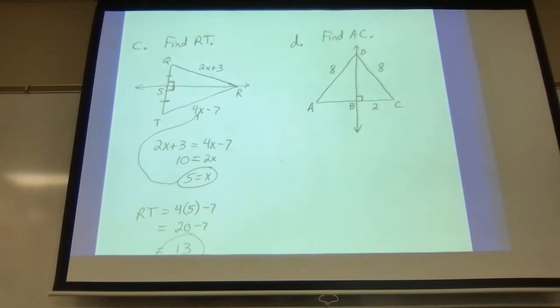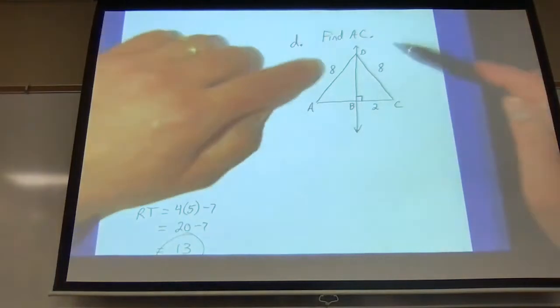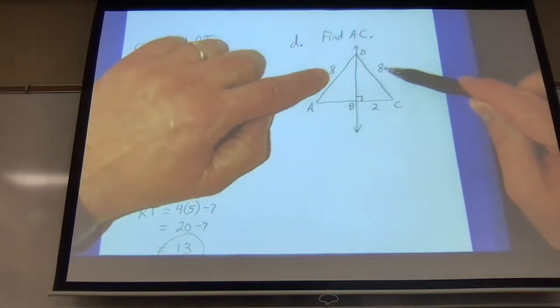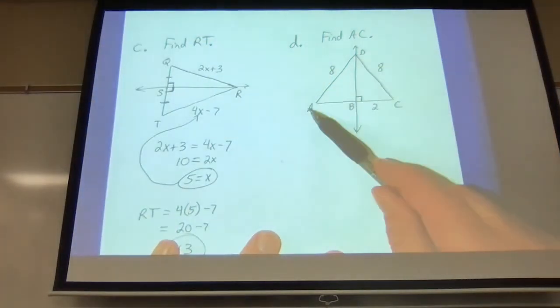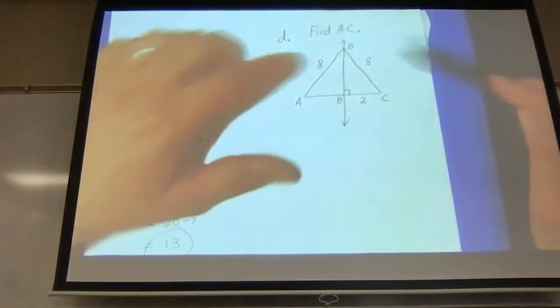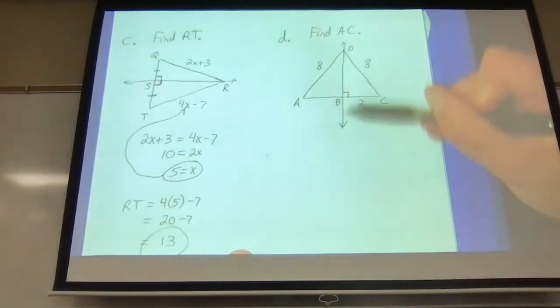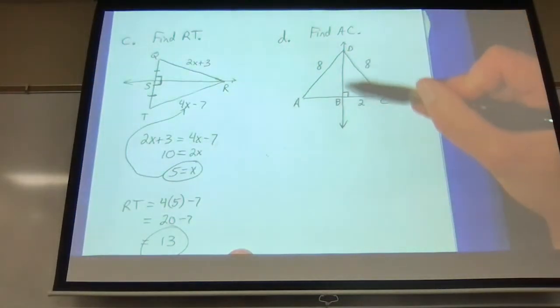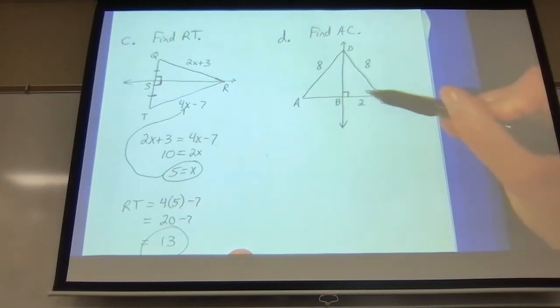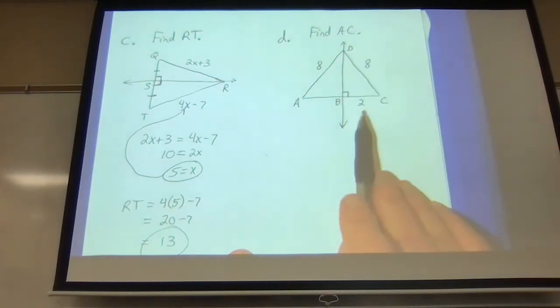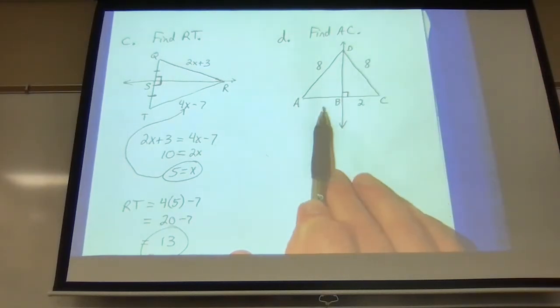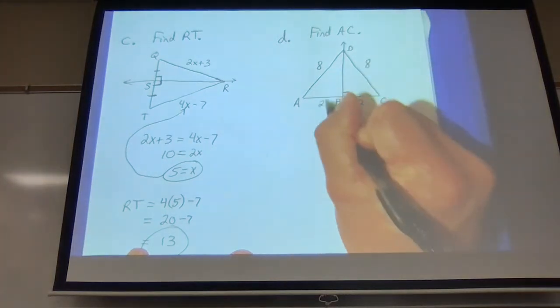Okay, this one's just numbers, so we can get to our answer pretty quickly. If these two sides are both the same length, these are both 8, that means D is equidistant from the two endpoints. If that's equidistant from the two endpoints, that means that D sits on your perpendicular bisector. So when we come down here, we're going to get right angles, and we're going to split this side in half. So if BC is 2, what's AB got to be? 2. AB is going to be 2.